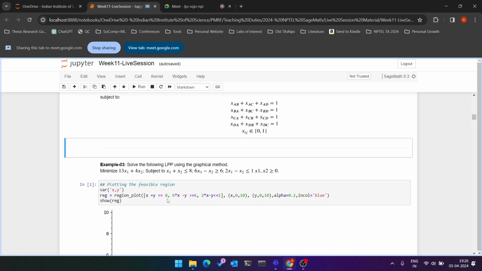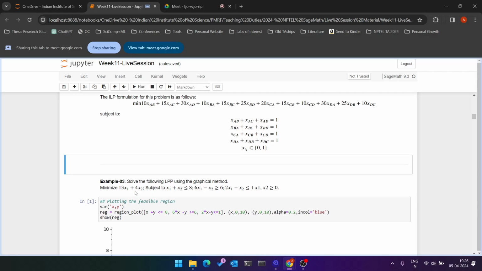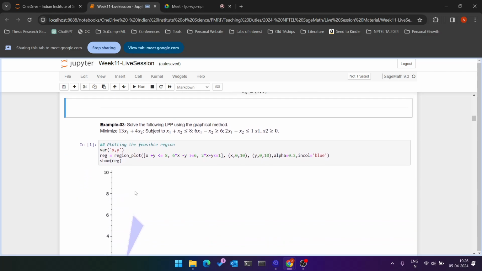So we have been asked to solve an NLP using graphical method. The objective is to minimize 13x1 plus 4x2 subject to three inequalities given here: x1 plus x2 less or equal to 8, 6x1 minus x2 greater or equal to 6, and 2x1 minus x2 less than or equal to 1, with x1 and x2 both being positive.